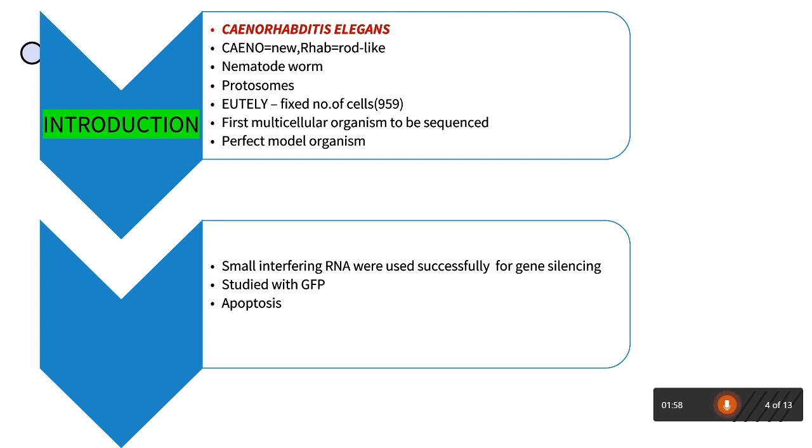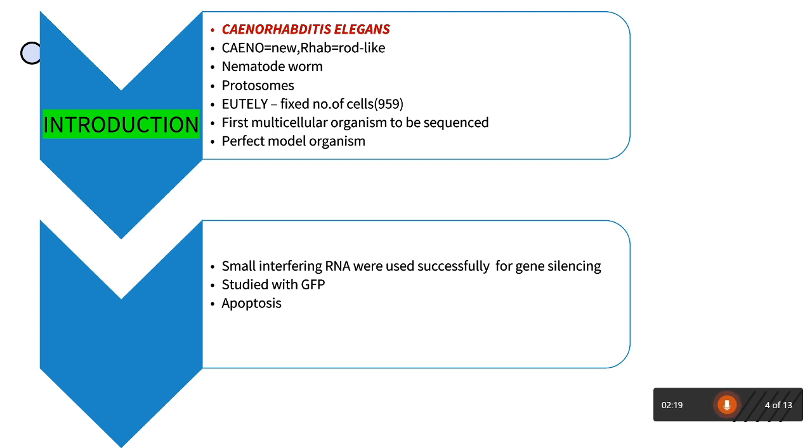So look into the features that make it a perfect model organism for developmental biology. First, the developmental process is very speedy. That is, the transition from zygote to embryo to adult is speedy, so we don't have to wait too long.